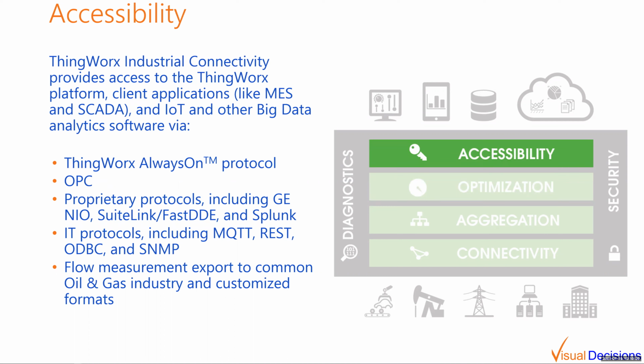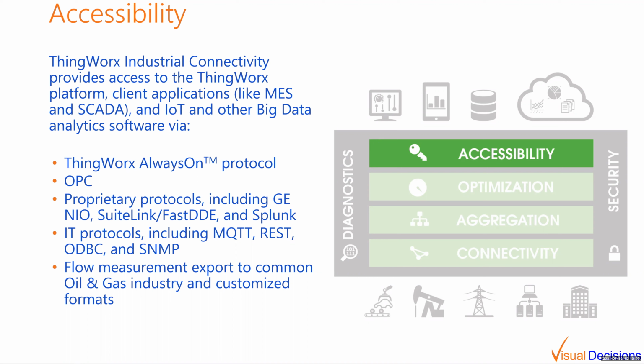From an accessibility point of view, if you're connecting to the PTC ThingWorx system, it supports that always on protocol. But it also supports the OPC Unified Architecture, OPC UA specification, and many of the classic OPC specifications as well, including DA, OPC alarms and events, OPC AE, and also the OPC historical data access.